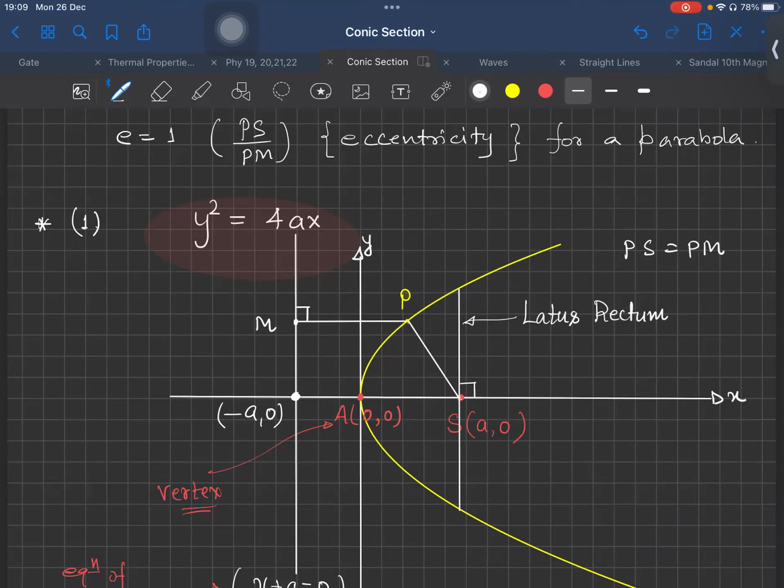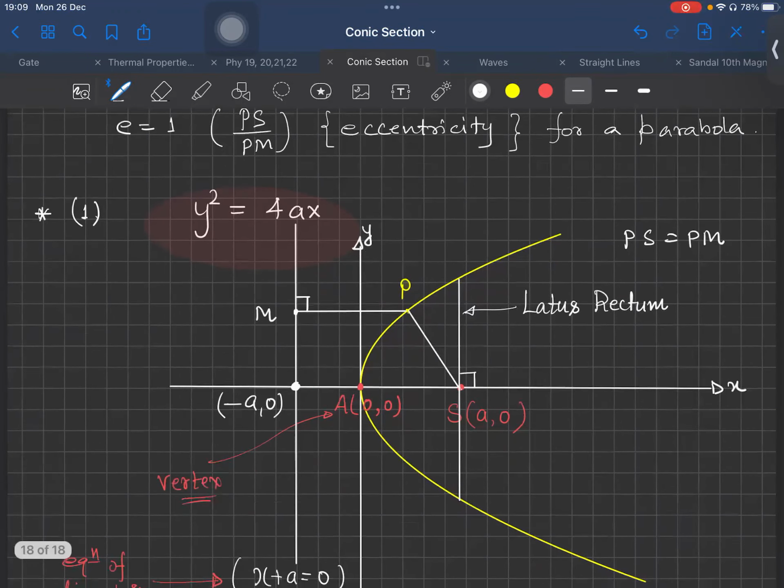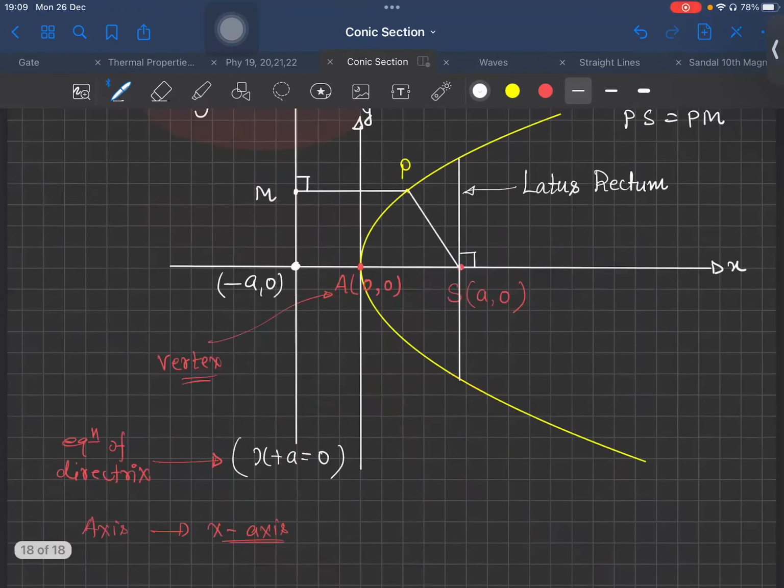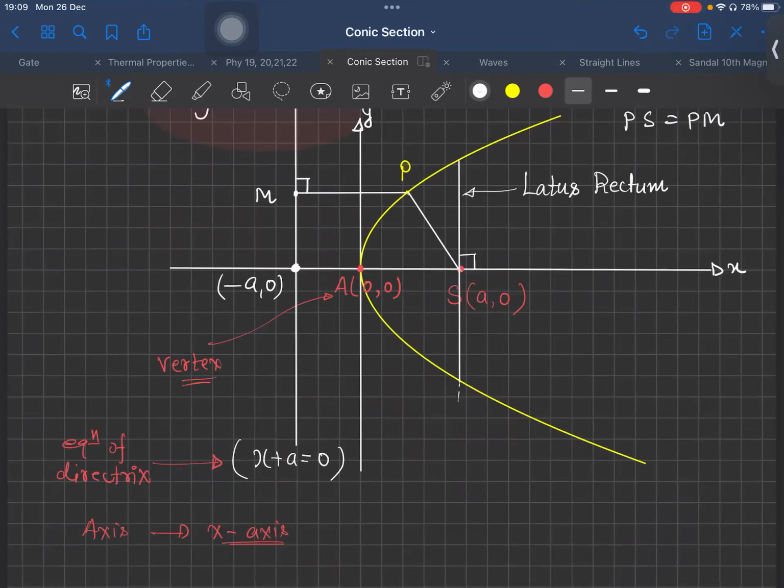What will be the equation of the latus rectum? It is passing through (a, 0) and it is perpendicular to the axis, right? So the equation of the latus rectum will be x is equal to a, or x minus a is equal to 0, whatever you feel comfortable with. Now you see the latus rectum and the directrix.